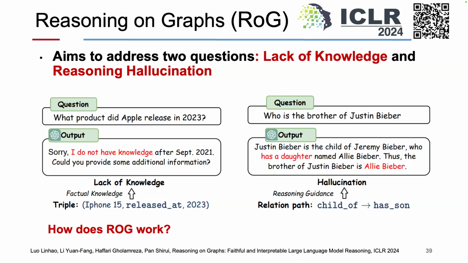But this reasoning process is incorrect, because we know that to find a brother of a certain person, we need to find the father of this person, and also this person may have a son. This kind of reasoning hallucination also deteriorates the performance of the large language model and its trustworthiness.